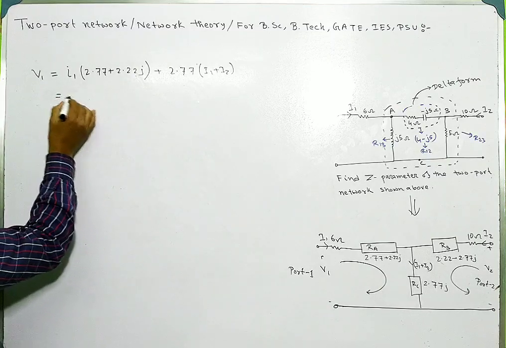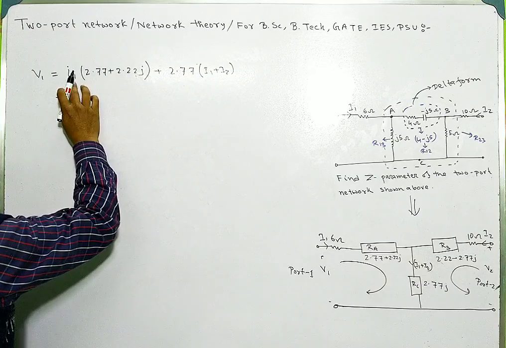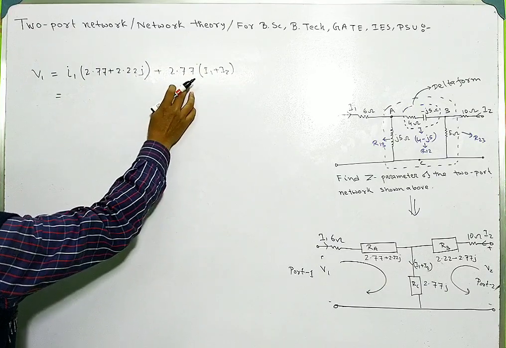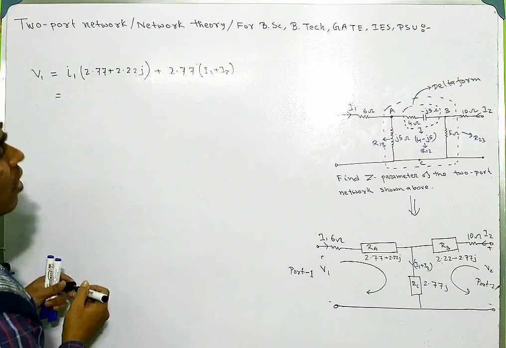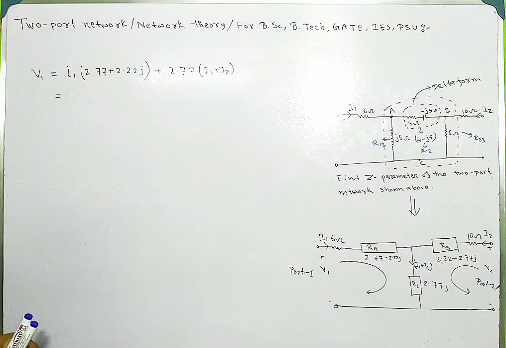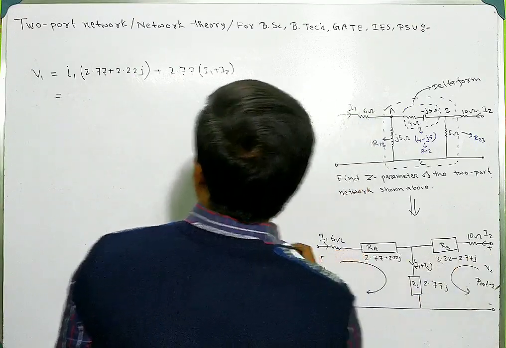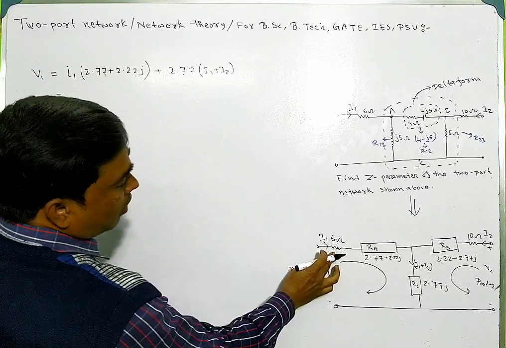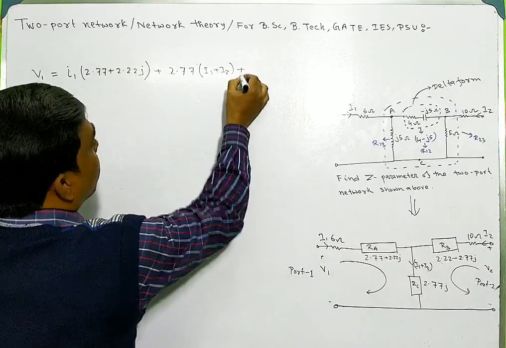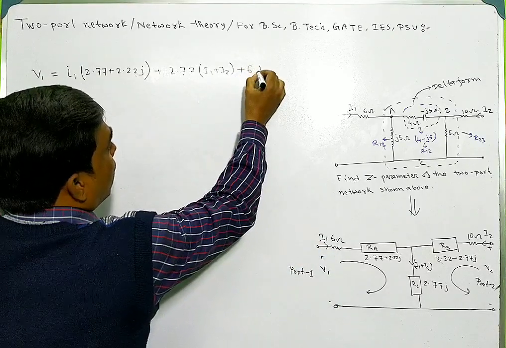So here this is I1 and this is I1. If I apply this there, this is 10, there must be a 10, this is 6, so here there is another 6, so it will be plus 6I1.